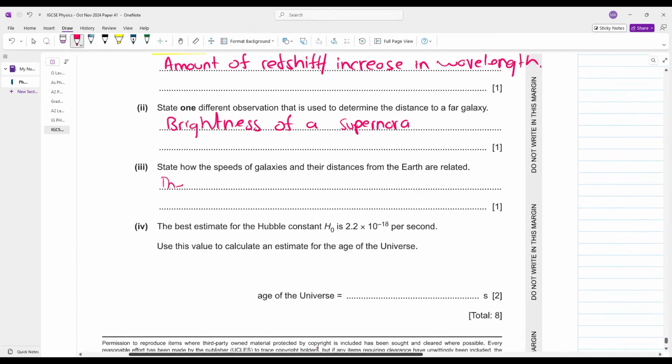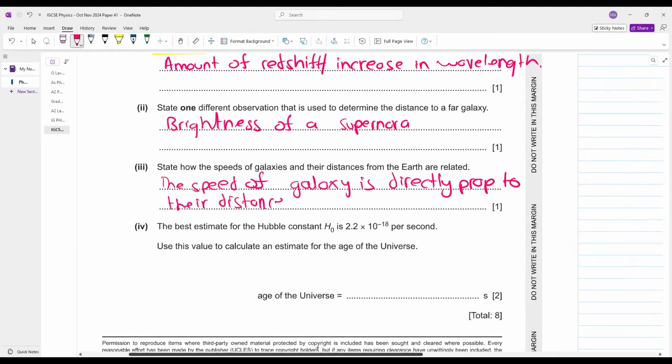The speed of a galaxy is directly proportional to its distance from Earth. Simple.